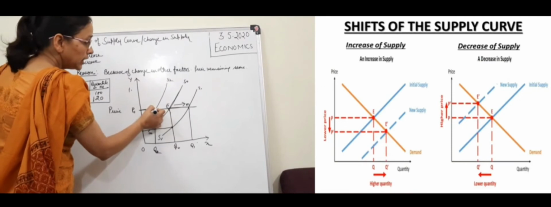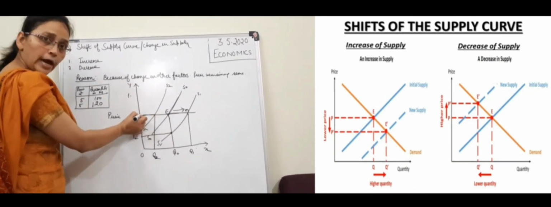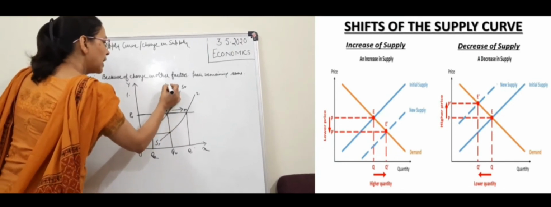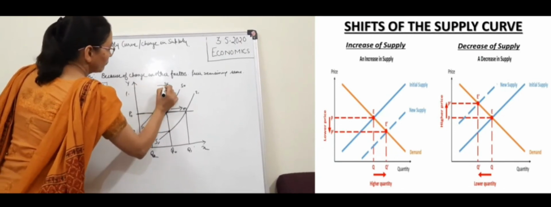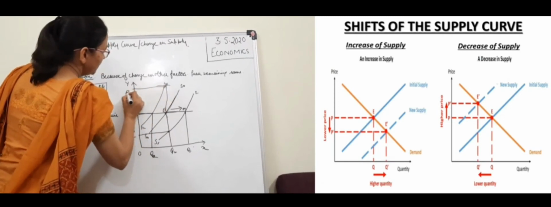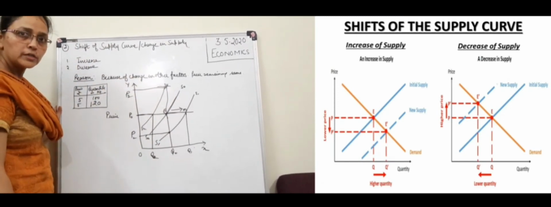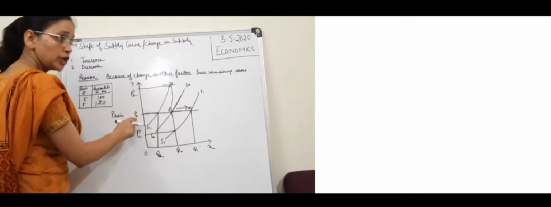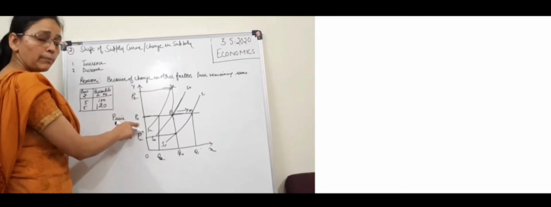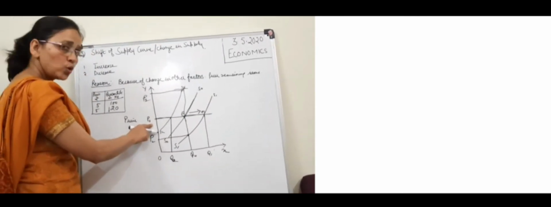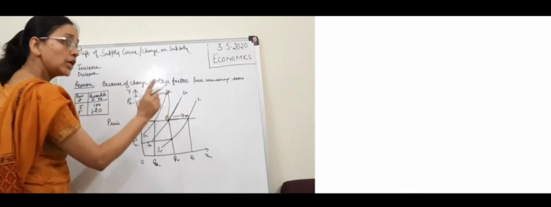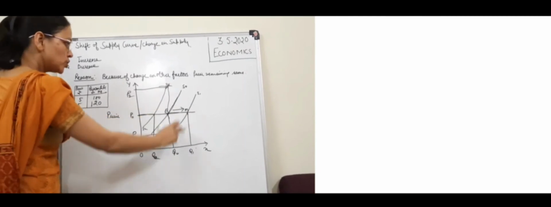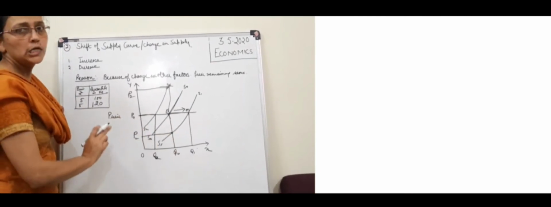It means the decreased quantity will be supplied at the same price, but the same quantity will be supplied at a higher price. Do you get it? The decreased quantity will be supplied at the same price, no change in price. When the decrease or the increase is taking place, there is no change in price, but the initial quantity will be supplied at a higher price. This is all about the shift of the supply.